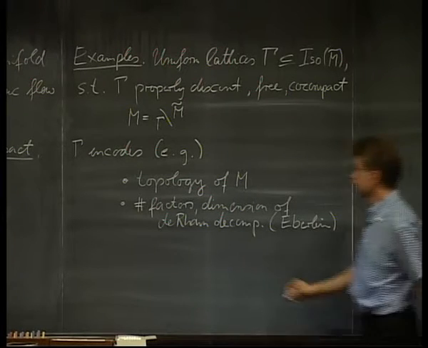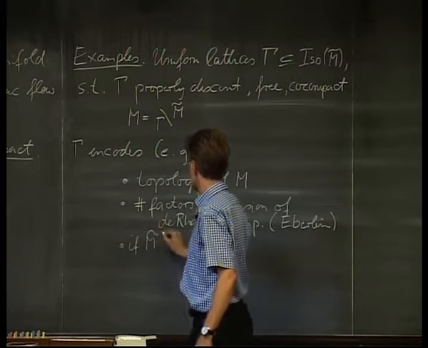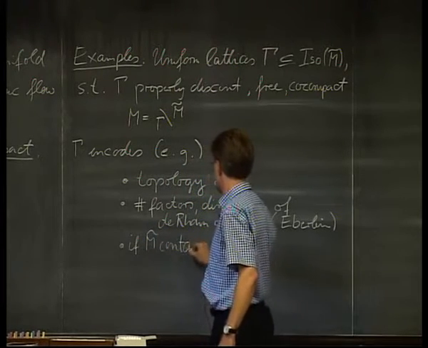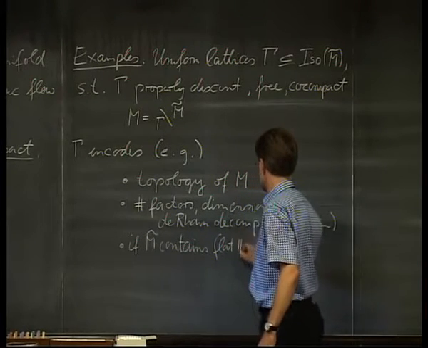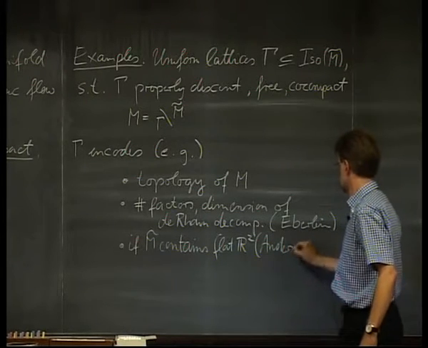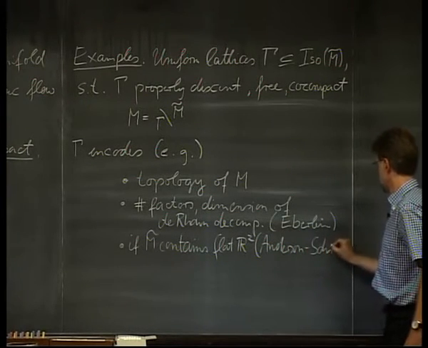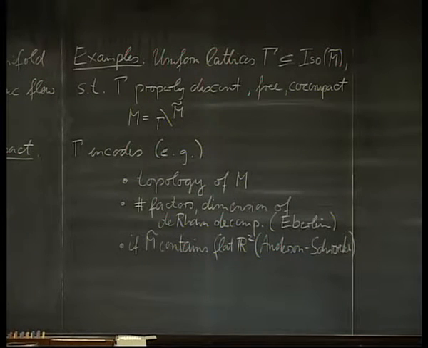For example, gamma encodes if M tilde contains a flat subspace, which was proved by Anderson and Schroeder first.